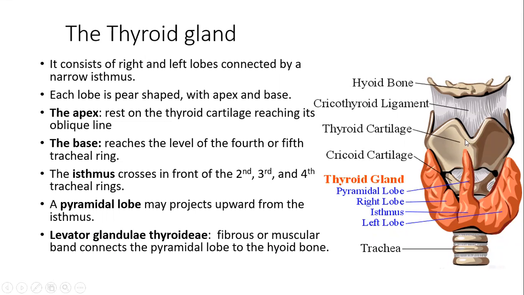This is important because whenever you swallow, this connection between the thyroid gland and the hyoid bone will pull the thyroid gland upwards. Whenever the person swallows, the hyoid bone moves, as well as the thyroid gland, upwards.